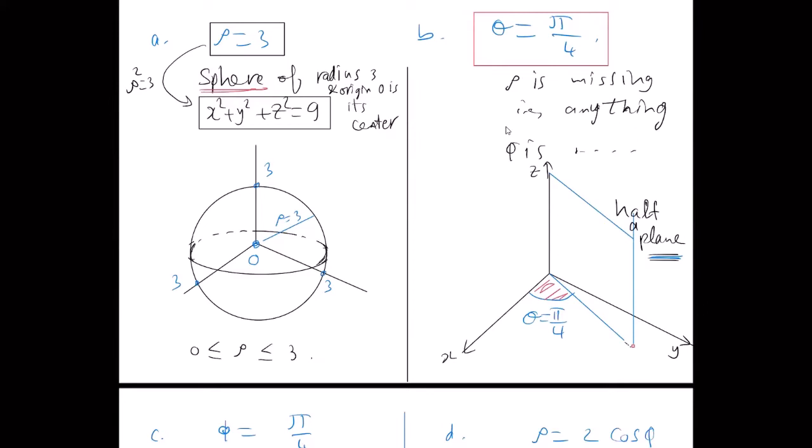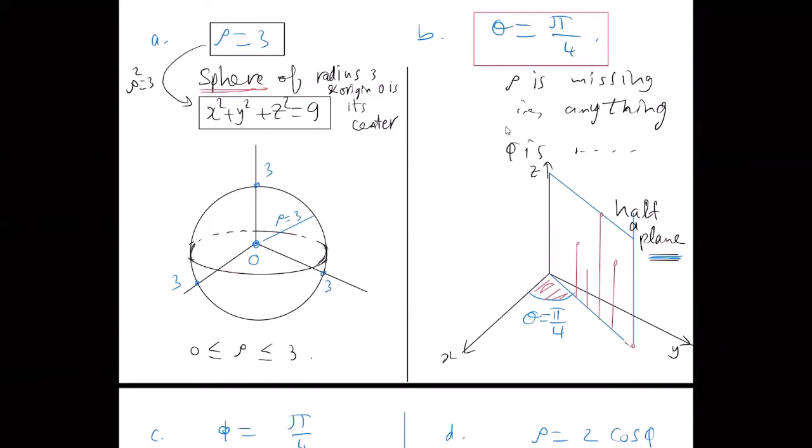So what will we get? We will get half of this plane. All of these points here, this projection, will make the same angle. Here, we will make the same angle, and so on. All of these points on this half plane will make an angle theta equals pi over 4. If theta is pi over 2, we will get the zy plane.